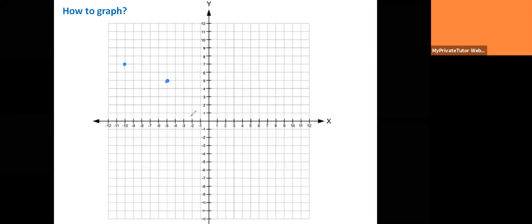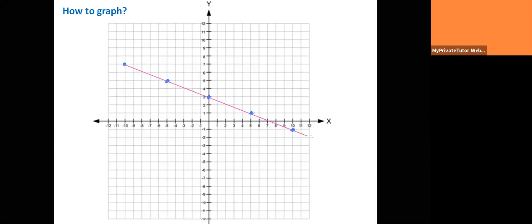The next value is 0, 3, I think. And then 5, 1, guys. Then 10, -1, guys. So I have marked all the points.